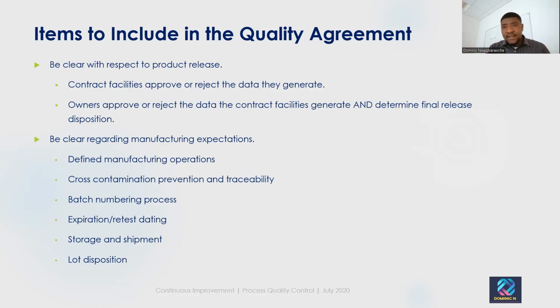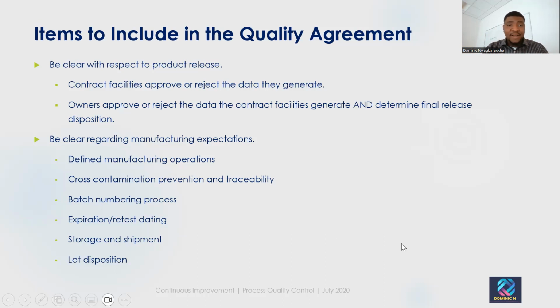They do the testing, right? Or are they going to give it to me to do the testing? Then I do the release, right? Or are they going to do the testing and release for me to do a final release and ship to trade? So I do the release to trade, while they do the release to warehouse, for example. So all of these details need to be very clear, stated in your quality agreement.